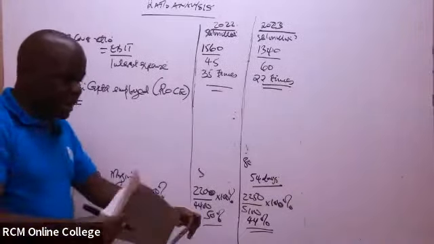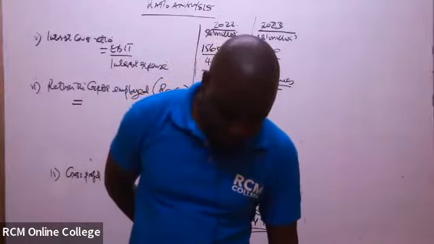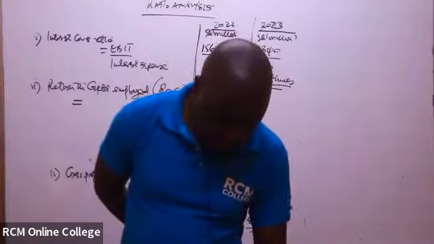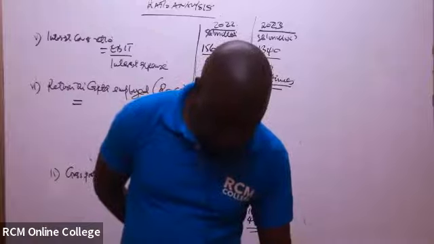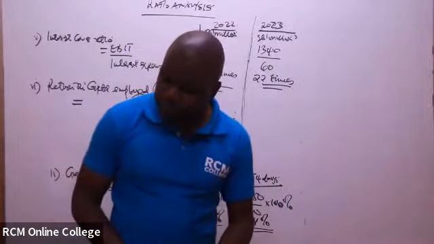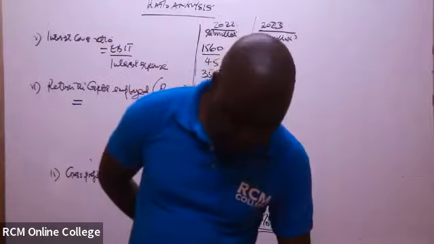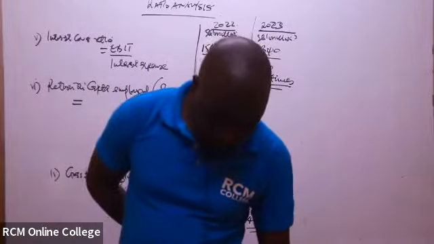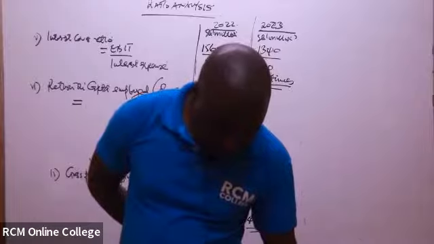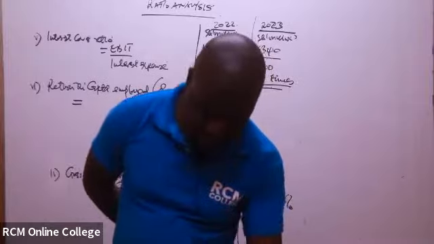Is it earnings after tax or earnings before interest and tax? Someone says it should be EBIT. Are you sure it is EBIT?